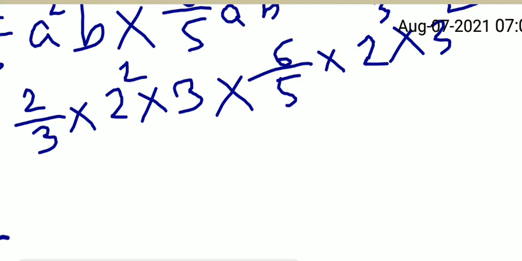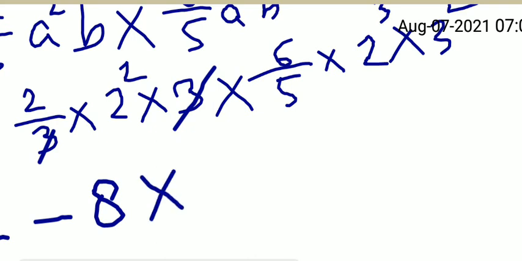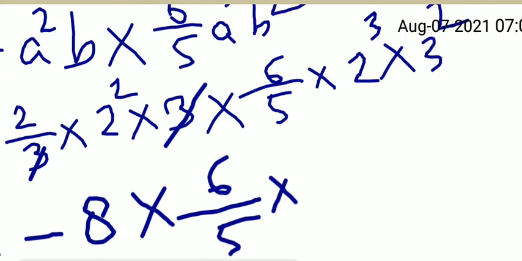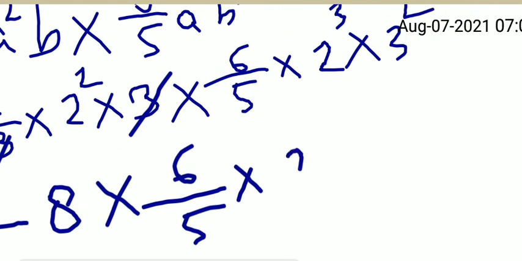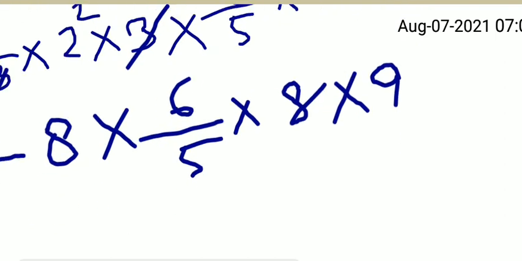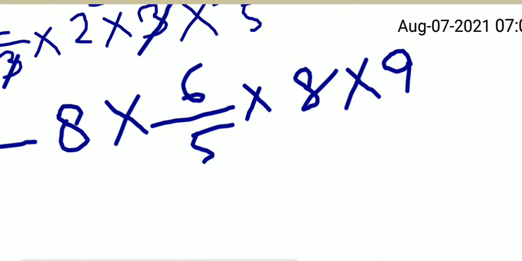After putting the value, let's see what result comes out. The 3 and 3 will be cancelled. So minus 2 into 2 square, which is 4, means minus 8. Multiply here 6 by 5 into 2 cube, which means 8, and 3 square, which means 9. The 5 will not cancel with any upper side digits.